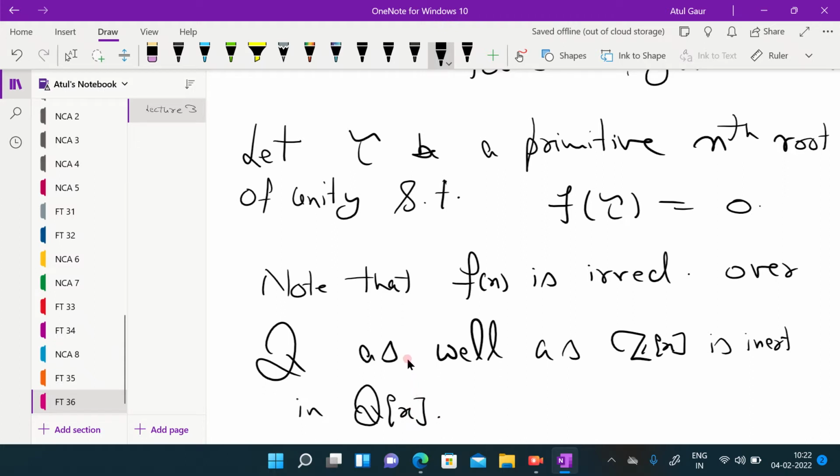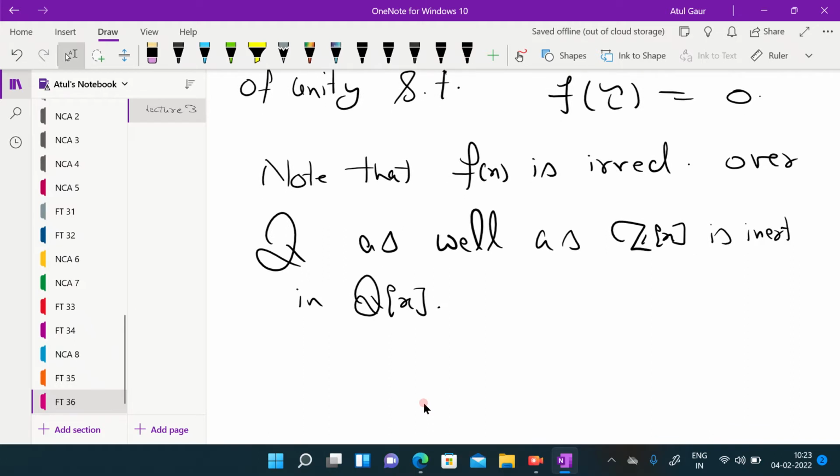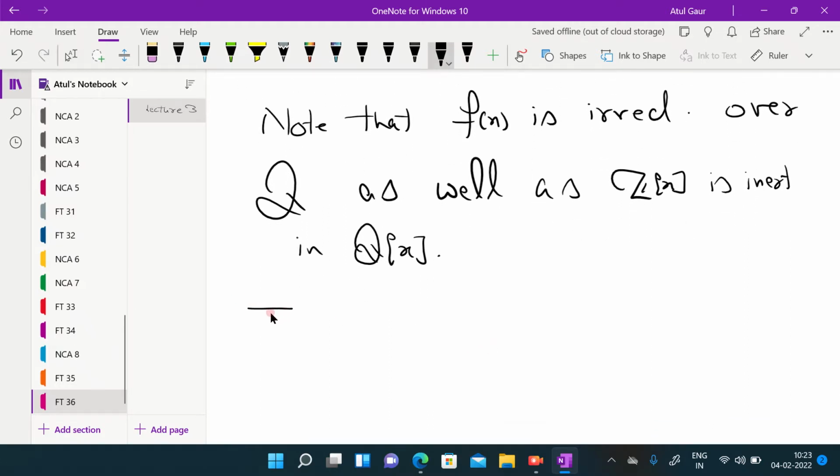It is an irreducible polynomial over the rational field, so it will be the minimal polynomial of τ.